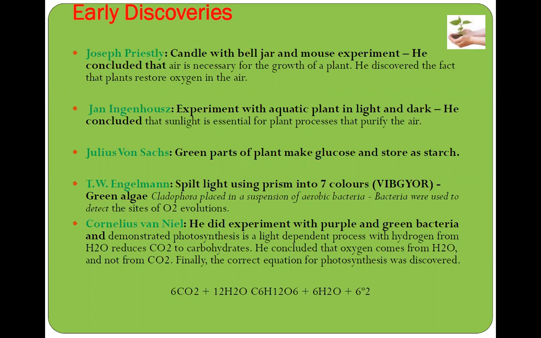So when the Cladophora is placed inside the suspension of aerobic bacteria, whatever oxygen is released by the Cladophora is detected by the bacteria present inside the medium. So this way we can understand that a particular plant releases oxygen only when photosynthesis is taking place, right?